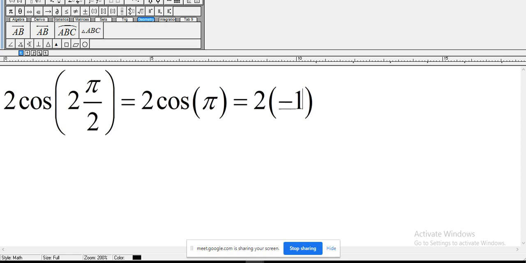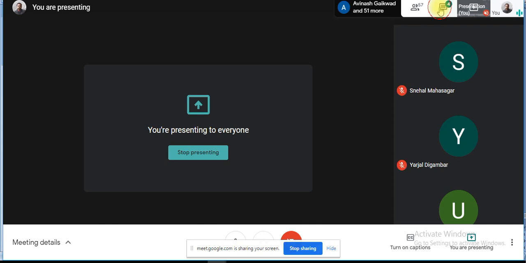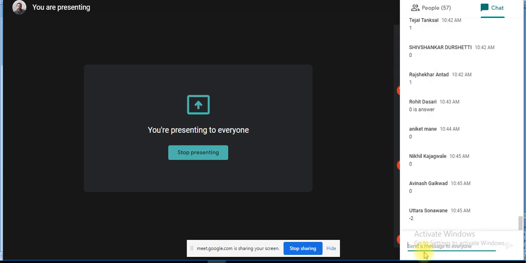You remember that cos of 0 is 1. So cos of pi should be minus 1. So this should be minus 2. Are you getting it? Minus 2, is it correct?